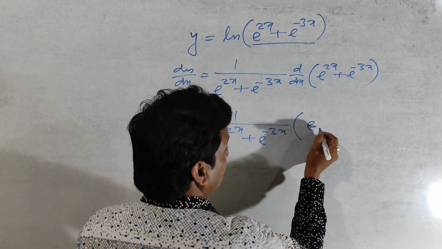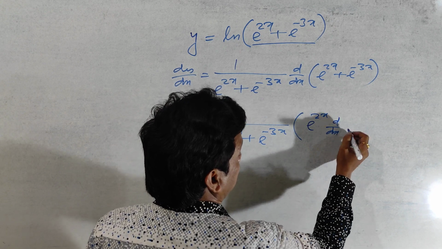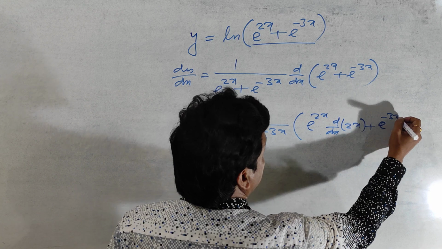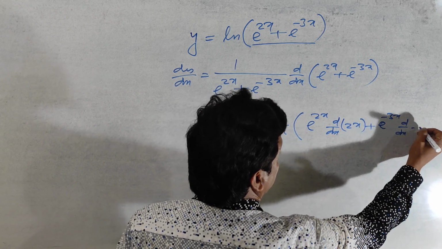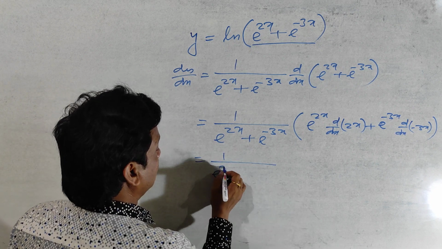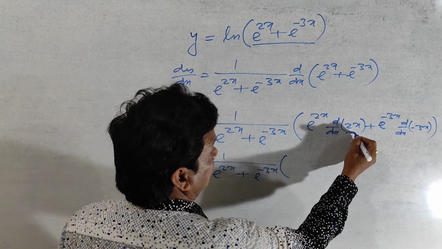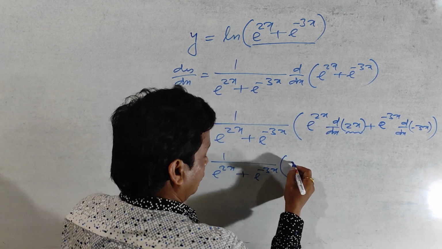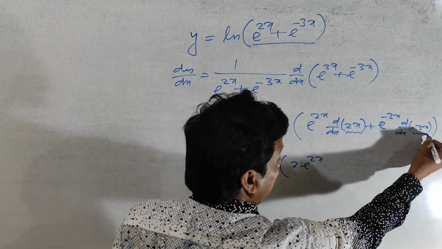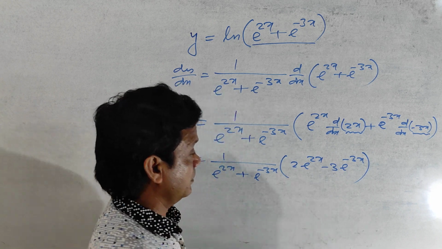So e to the u into the derivative of the power: e to the power 2x plus e to the power minus 3x, each into the derivative of its power. So it is equal to 1 by e to the power 2x plus e to the minus 3x. See here, the derivative of 2x is 2, so 2 into e to the 2x. And the derivative of minus 3x is minus 3, so minus 3 into e to the minus 3x. So this is the answer.